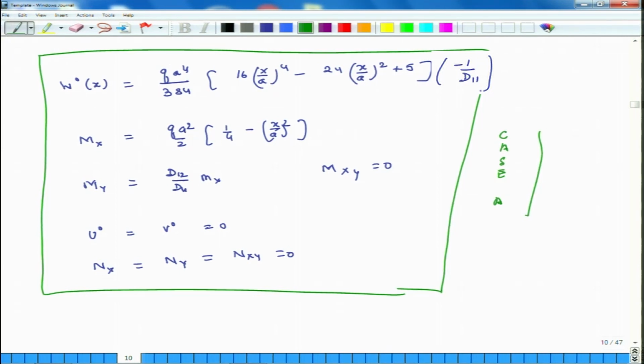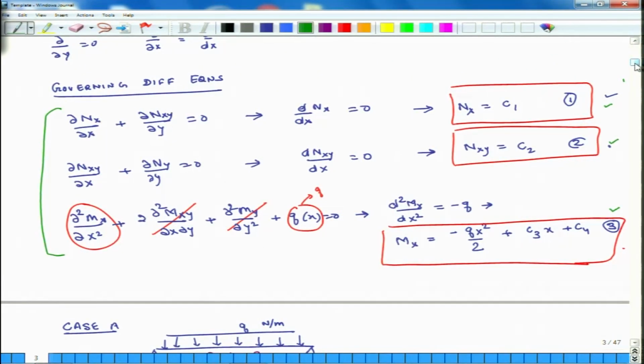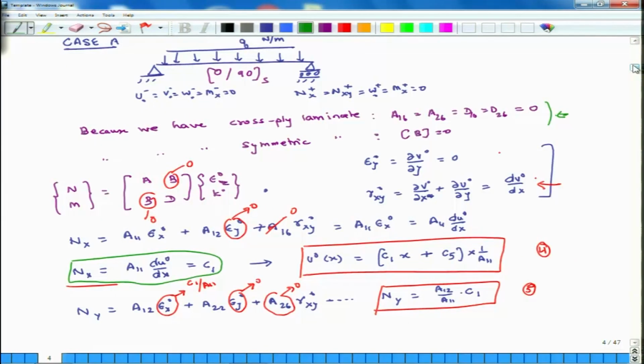So, what we have done so far, how did we arrive at the solution for case A? First, we integrated the partial differential equations and we got expressions for nx, nxy, ny, mx and all these things. Next, we implemented the condition specific to the symmetric laminate and cross ply laminate, and that gave us some relations for u, v and w.